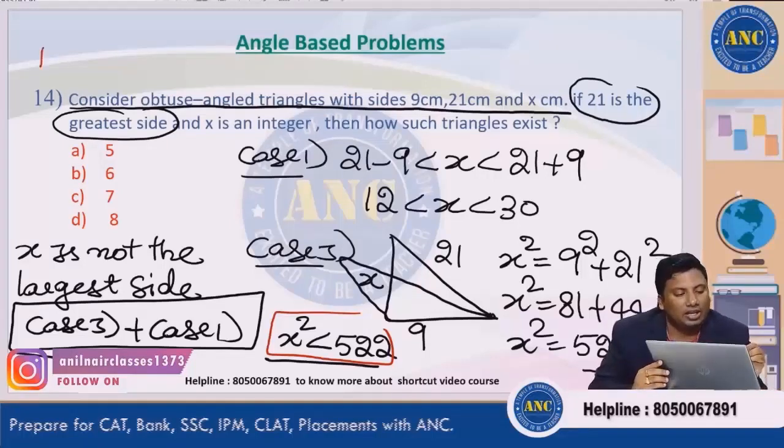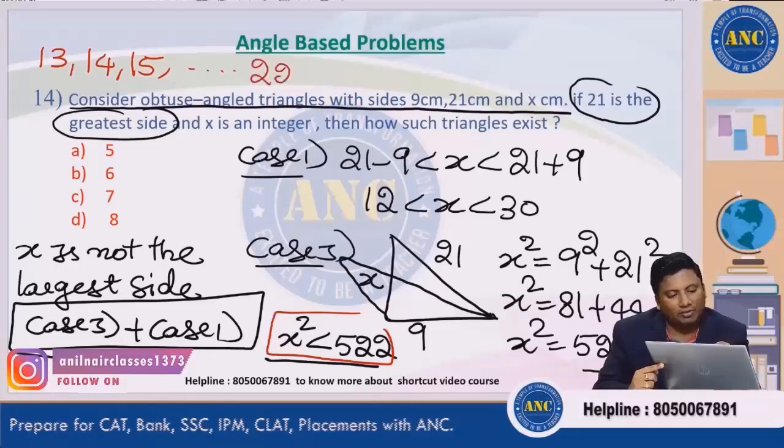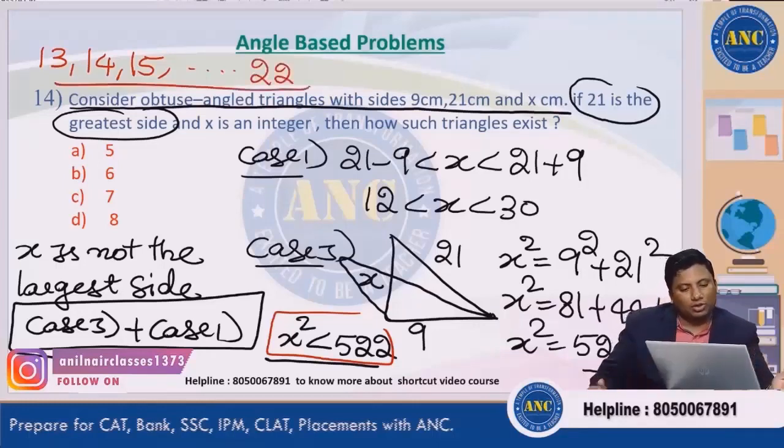That means 13 is possible, 14 is possible, 15 is possible, and so on up to which values are possible? 22 square is 484. And 21 is the greatest side. So 81 plus 441 is 522.